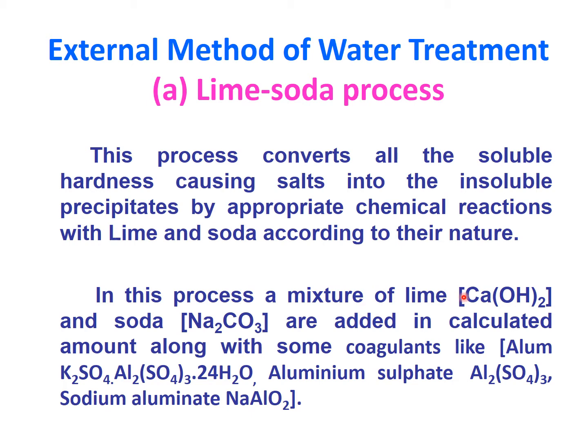Along with lime and soda, we add a calculated amount of coagulants like alum, potassium aluminium sulfate K2SO4.Al2(SO4)3.24H2O, aluminium sulfate Al2(SO4)3, and sodium aluminate NaAlO2. The coagulant helps to settle down the precipitated salts or whatever sludge forms during the purification reactions.